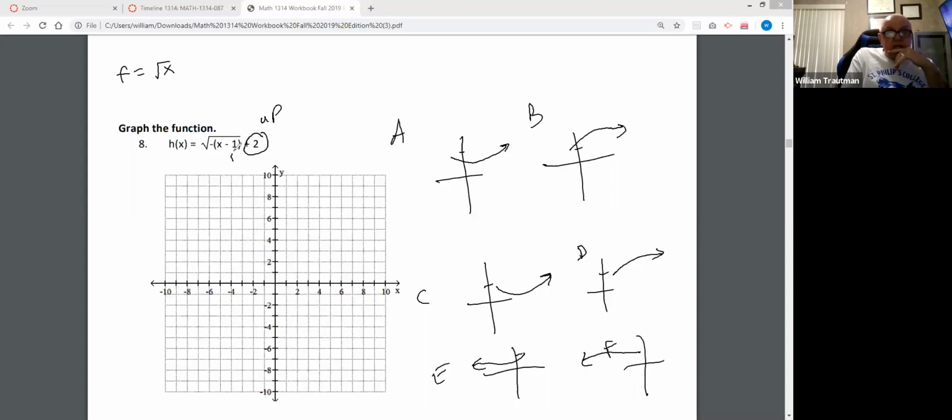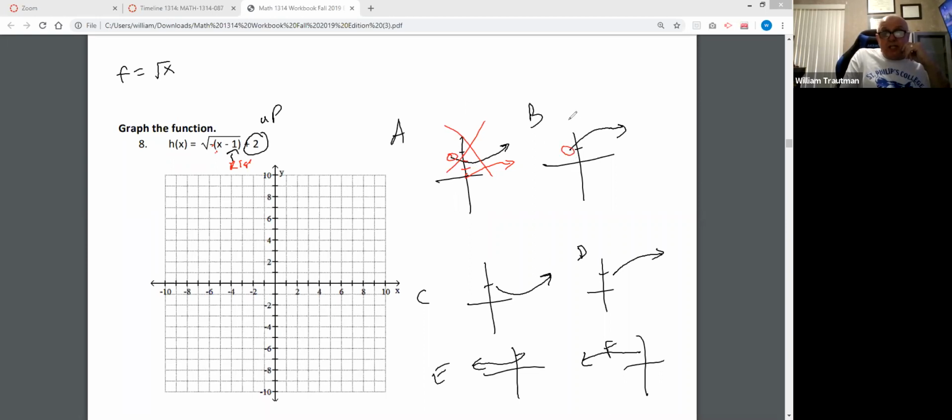Then there's a -1. A -1 moves to the right 1 spot. So this is the normal square root function. But we got to go up 2, and then to the right. A negative on the inside goes to the right. So this one went to the left.